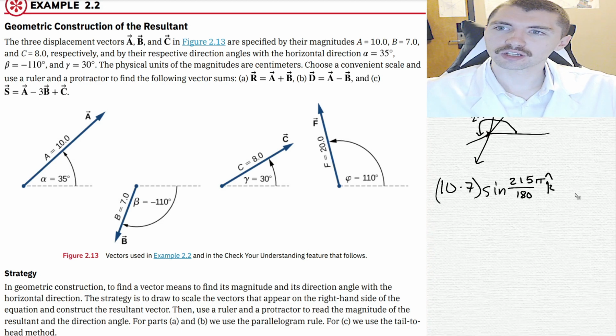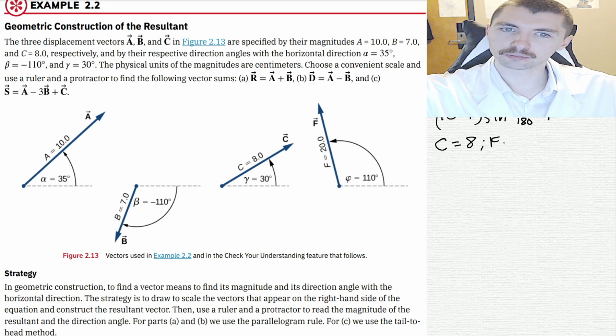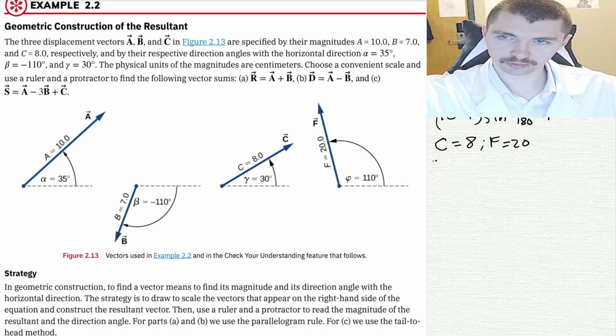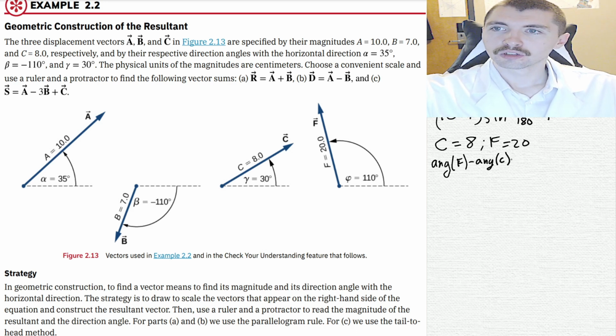Okay, C times F. The magnitude of C is 8. F's magnitude is 20. The angle F minus the angle C is 110 minus 30 equals 80.